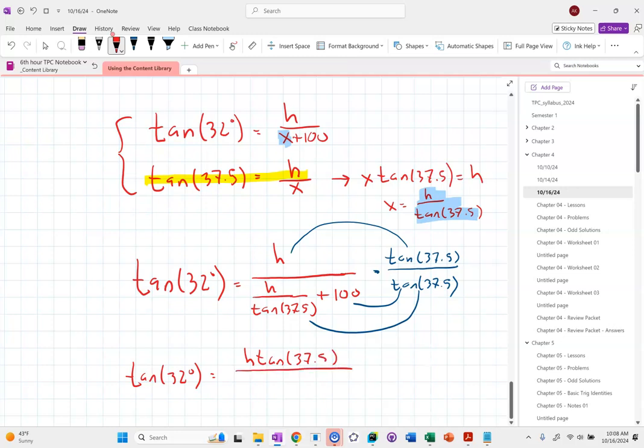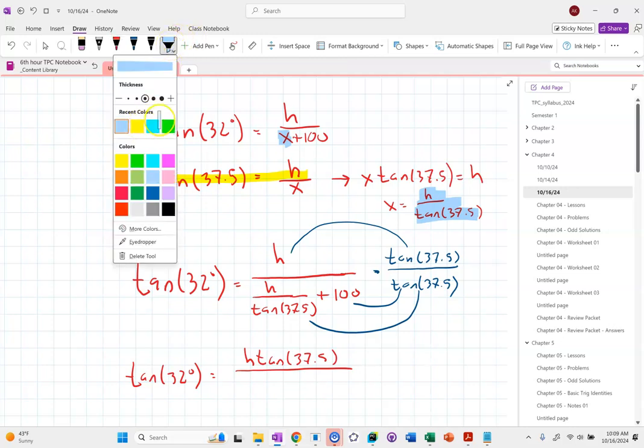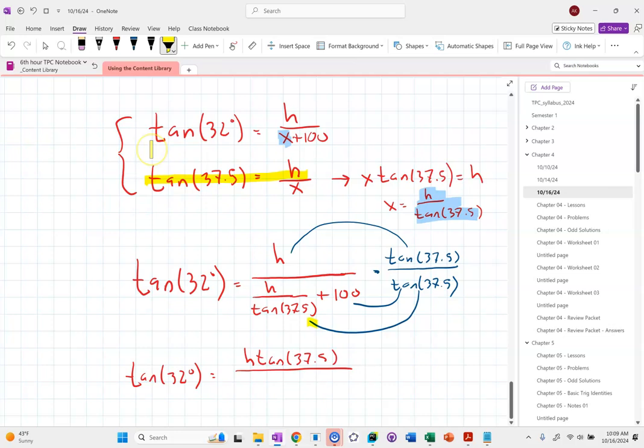So when I multiply h by tan 37, I just get h tan 37. When I multiply tan 37 to h over tan 37, what do I get? For this multiplication here, what do I get when I do h over tan 37 times tan 37?